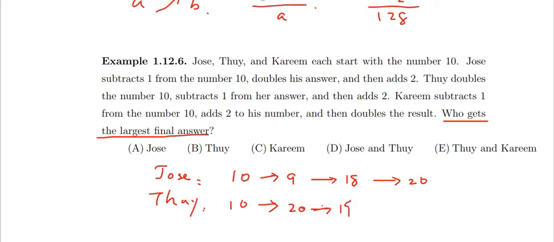Yeah. Then add 2 becomes 21. And the last one, subtract 1 from 10 becomes 9, then add 2 becomes 11, then double becomes 22. Okay, it's the biggest. So this problem is easy.